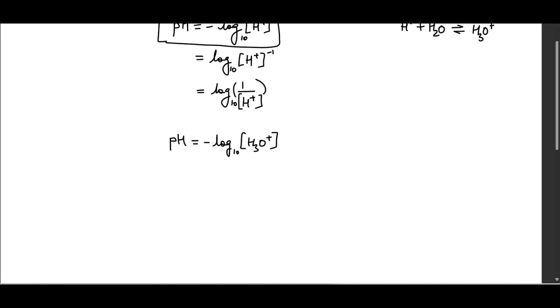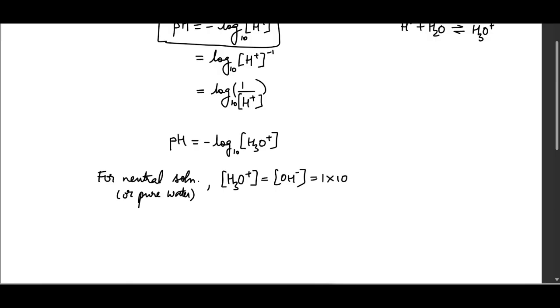Okay. So for neutral solution, or you can say pure water also, we can say, as we learned in the last video, that concentration of hydronium ions is equal to concentration of OH minus ions, hydroxyl ions, and this was 1 into 10 raised to minus 7 mole per liter.